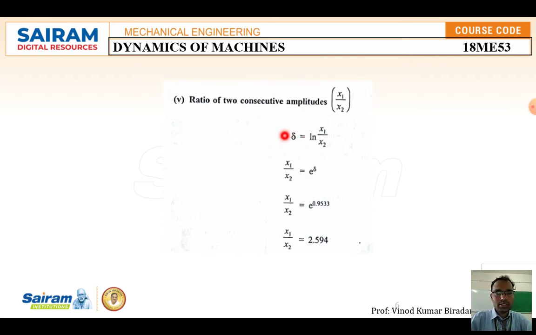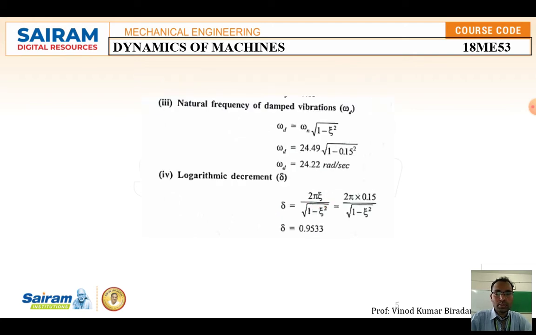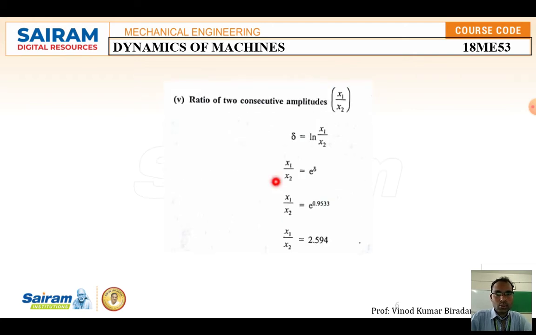Delta is equal to ln of x1 by x2, so the logarithm going to this side becomes a power, that is e to the power of delta. So x1 by x2 is equal to e to the power delta, and delta we calculated is 0.9533. Substitute here and you get 2.594. So x1 by x2 is equal to 2.594, which is the ratio of two consecutive amplitudes.